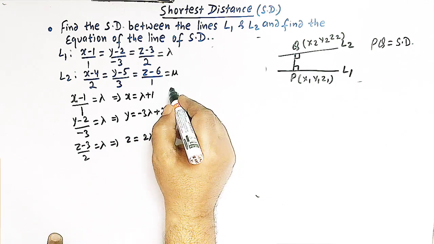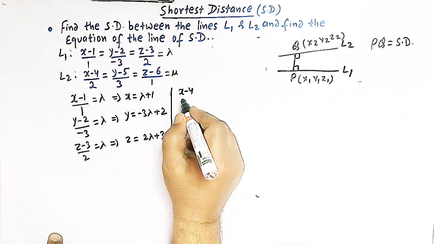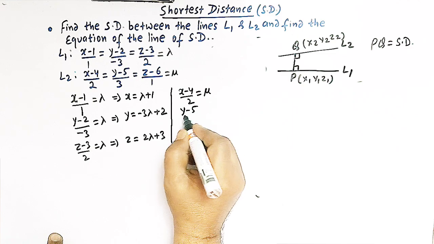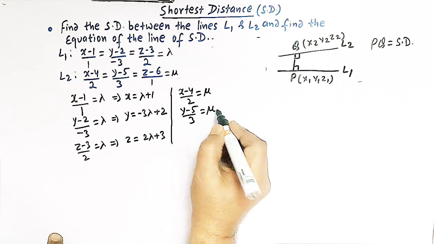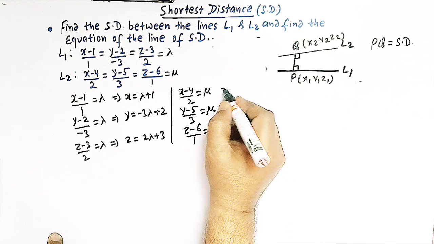Similarly, from line L2, we have (x minus 4) over 2 is equal to mu, (y minus 5) over 3 is equal to mu, and (z minus 6) over 1 is equal to mu.